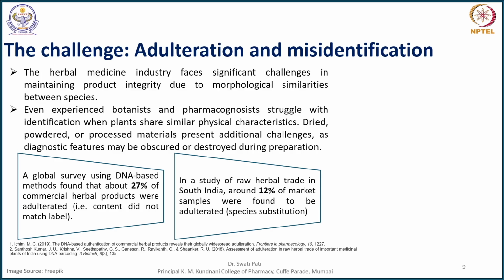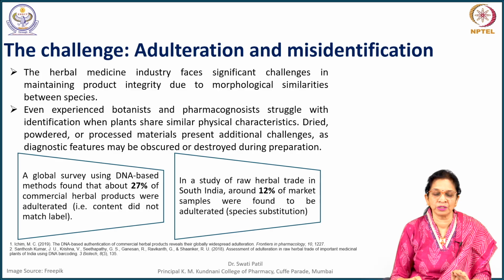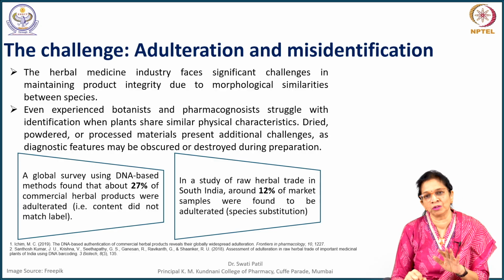So, the challenge is to identify adulteration which can lead to misidentification. The herbal medicine industry faces this as a significant challenge, and the reputation of all herbal formulations is at stake because of this misidentification or the adulteration or substitution which is present along with the official drugs.